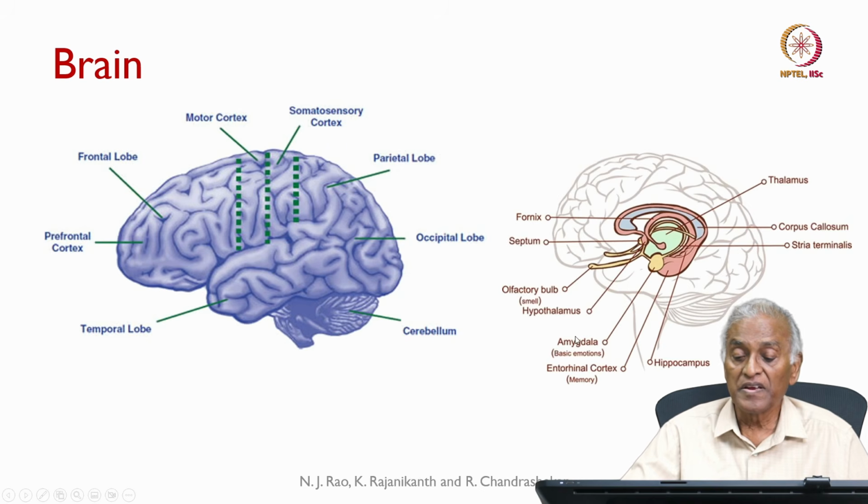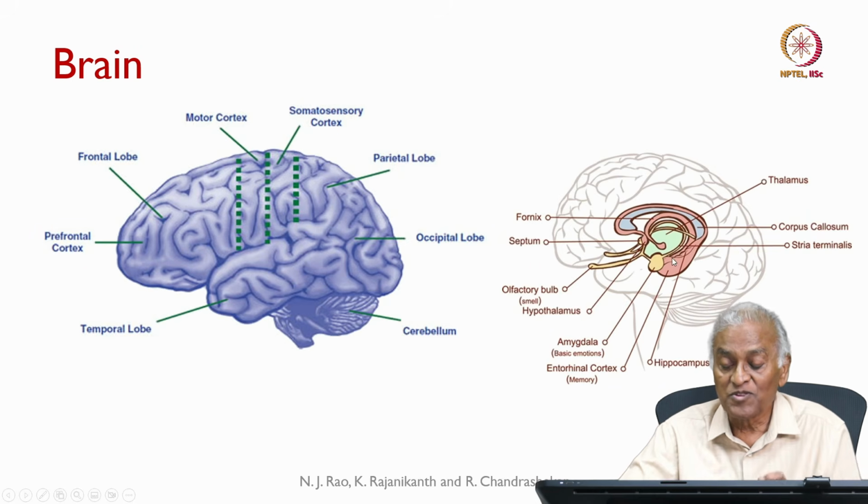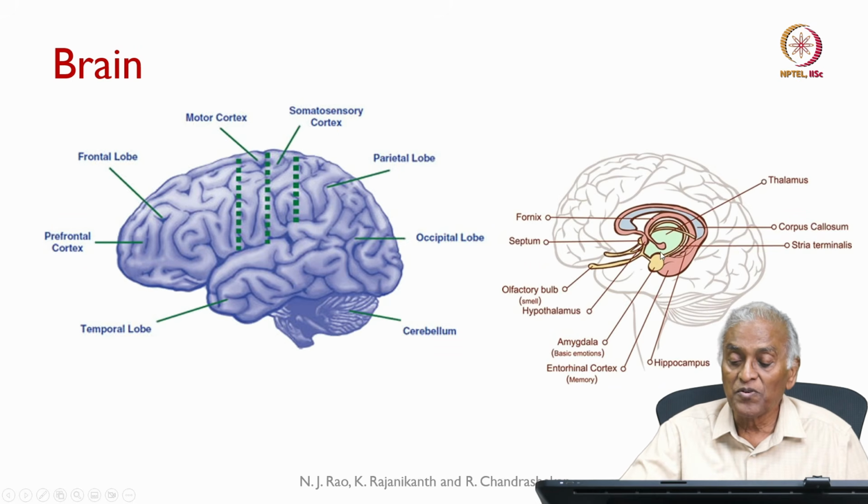The limbic system consists of various parts where the emotions are also handled, and very important parts are the thalamus, hypothalamus, amygdala, and hippocampus. We will not go through the details of which part is what. But you can notice this is the amygdala, which plays a very dominant role in controlling our attention, emotion, and our reactions.